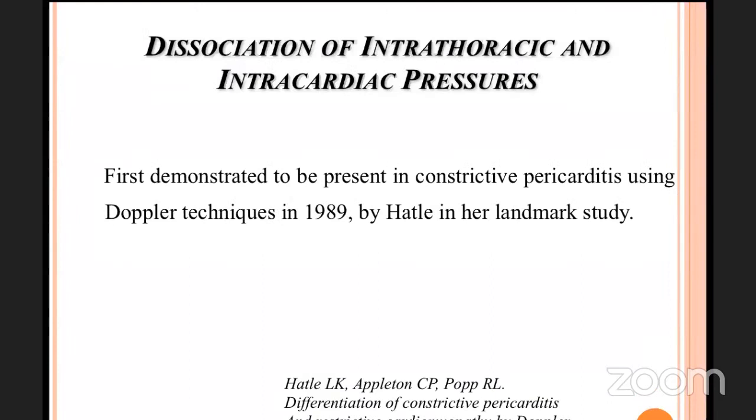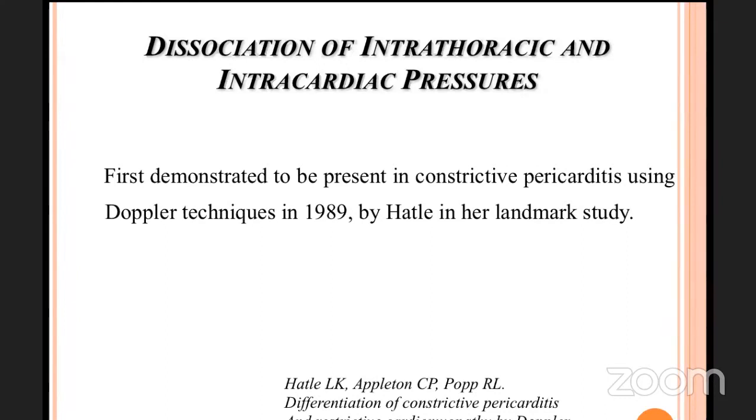important diagnostic features between constrictive pericarditis and restrictive cardiomyopathy is that the thickened pericardium resulting in constriction has two adverse effects hemodynamically. One is failure of the transmission of the negative intrathoracic pressure to the intrapericardial structures, what we call dissociation of intrathoracic pressures from the intrapericardial pressures.